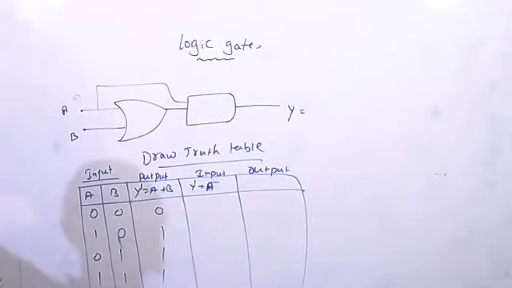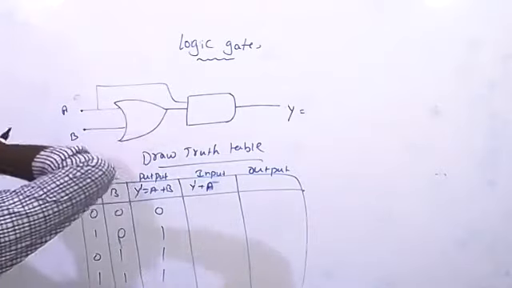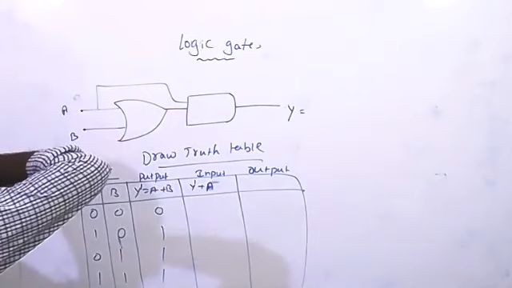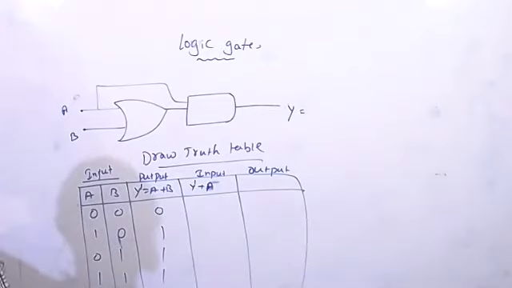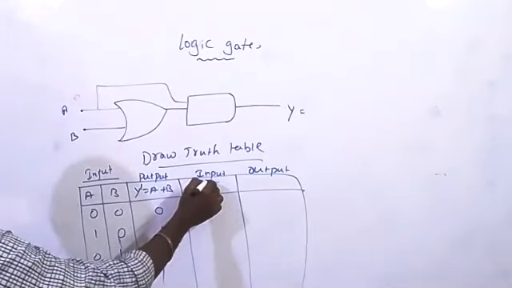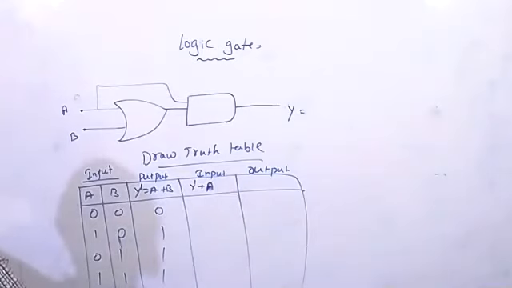So 0 plus 0 is 0. Sir, that is Y dash dot A. Y dash.